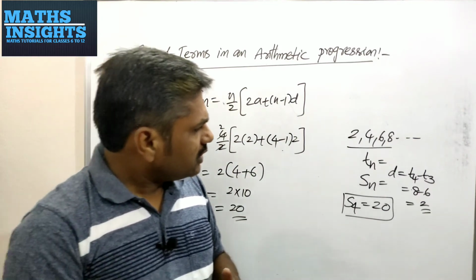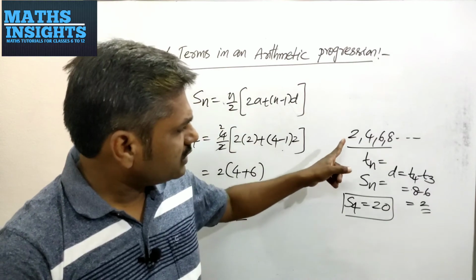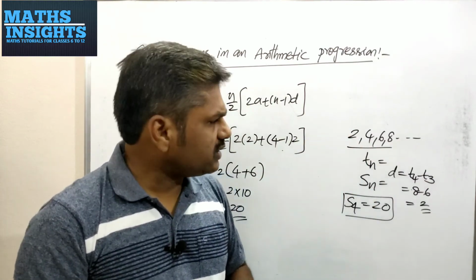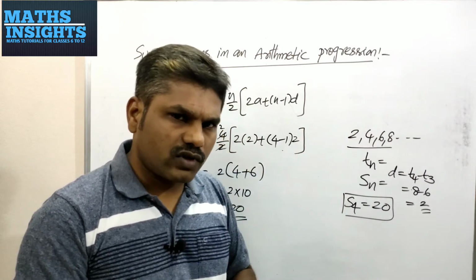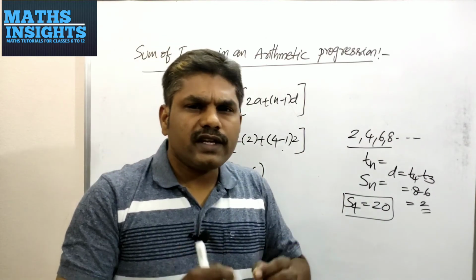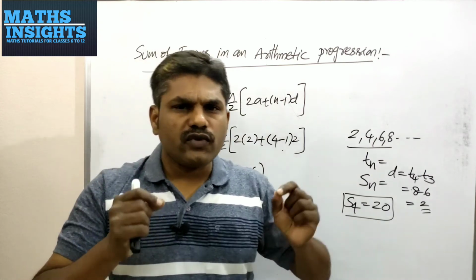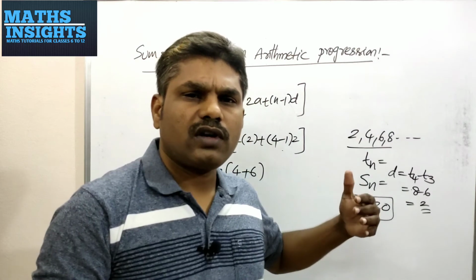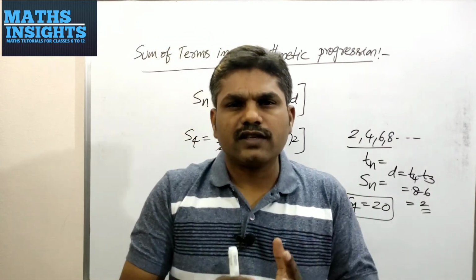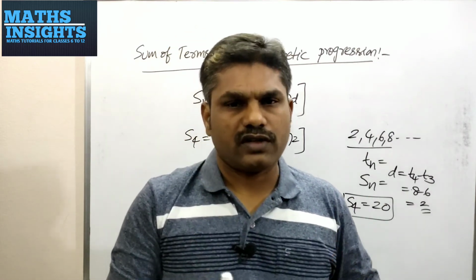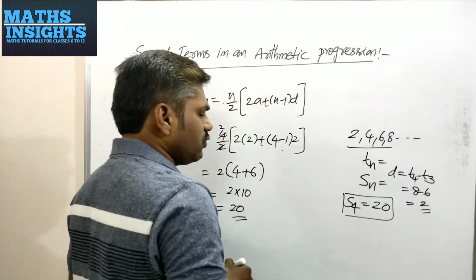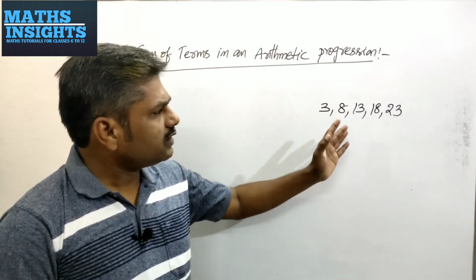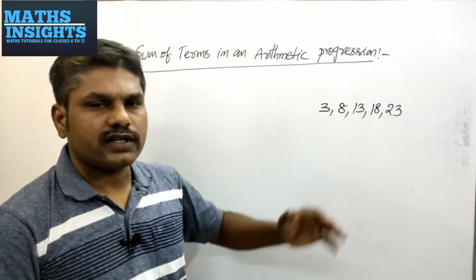Again, you have to concentrate that this is an infinite arithmetic progression, which means there is no end to it. In any arithmetic progression, if you know the last term, then you have another formula to find the sum of terms of the progression. I am taking another example for this: 3, 8, 13, 18, 23.